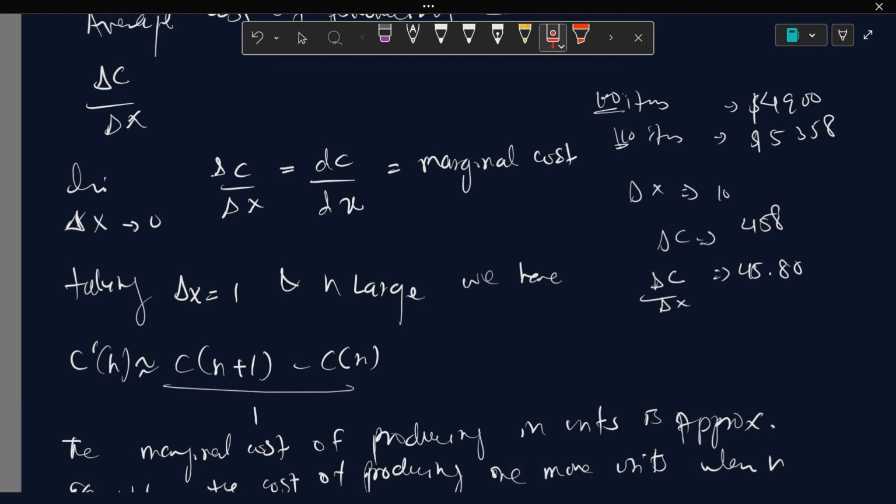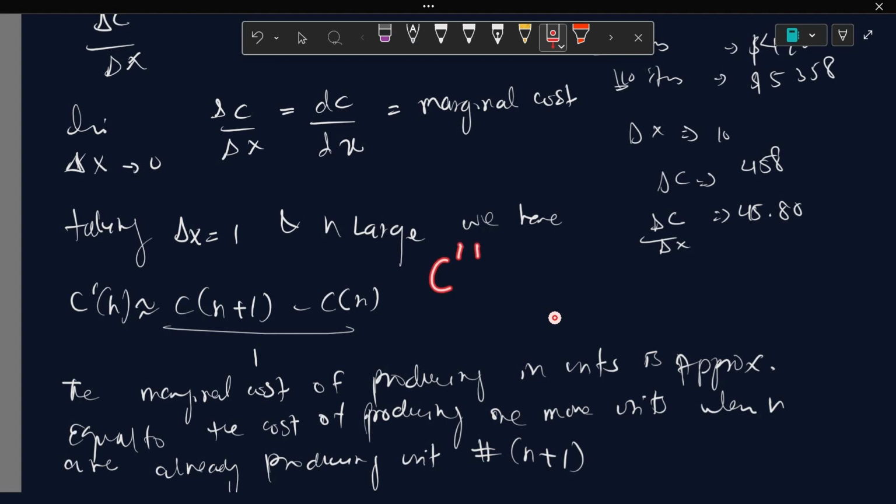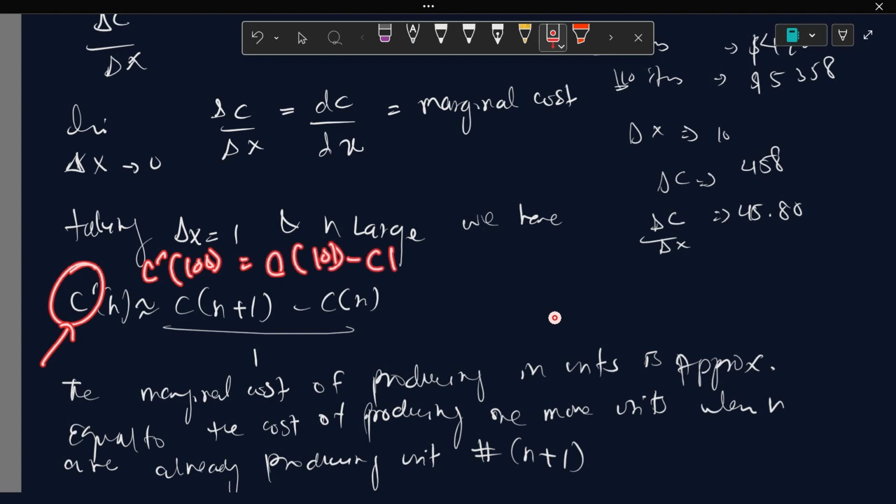Let's say we want to figure out the cost of producing the 101st item. How are you going to do that? We plug in 100 here. Mathematically, C prime of 100, the derivative of the cost function, represents the marginal cost, and C prime of 100 is approximately equal to C of 101 minus C of 100.